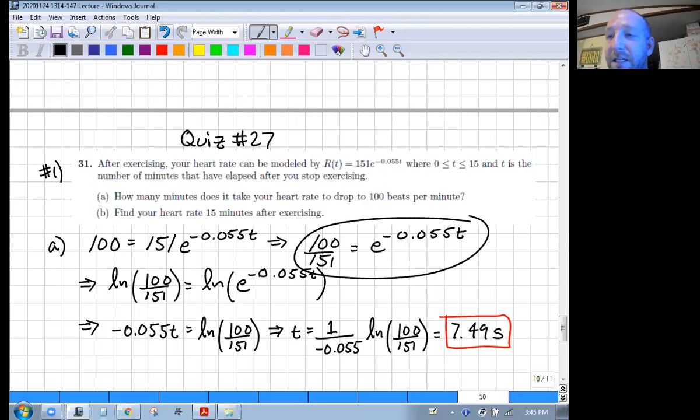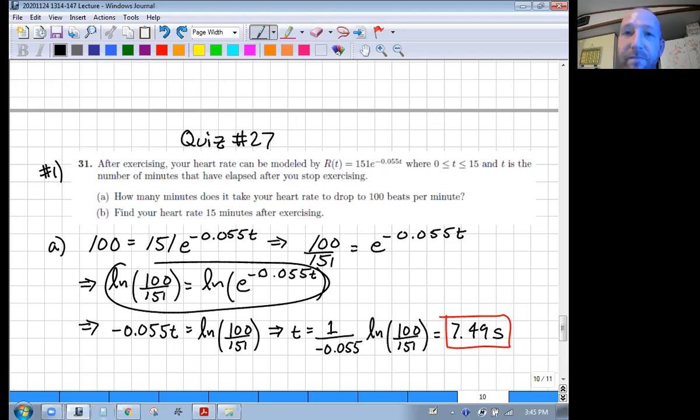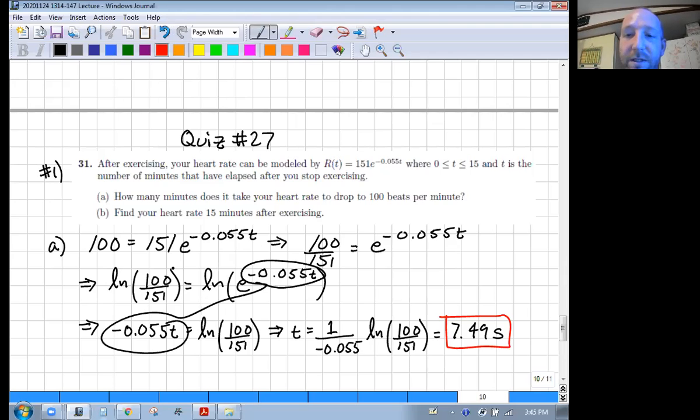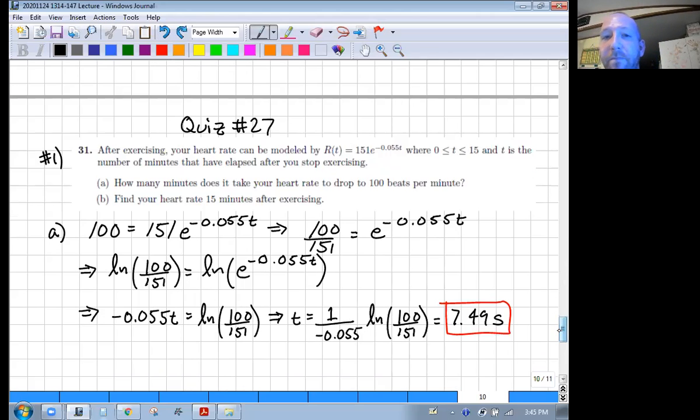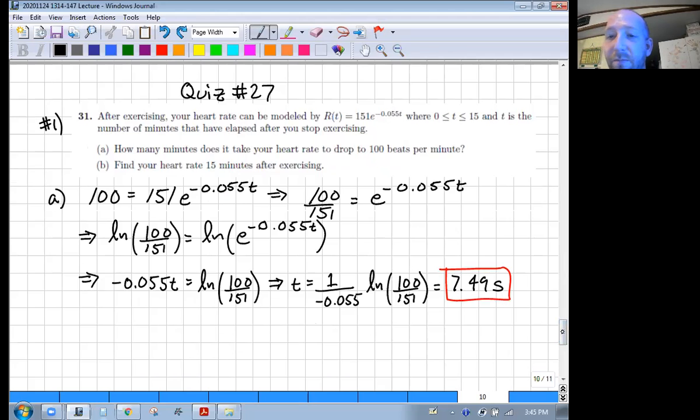Now to get the t out of the exponent, since it's an e here, we take the natural log of both sides. And this natural log and the e undo one another. So you're just left with this guy, which is equal to natural log of this. So once you're here, to get the t by itself, you just divide both sides by that number and plug it into your calculator. So that's part A. Now B.